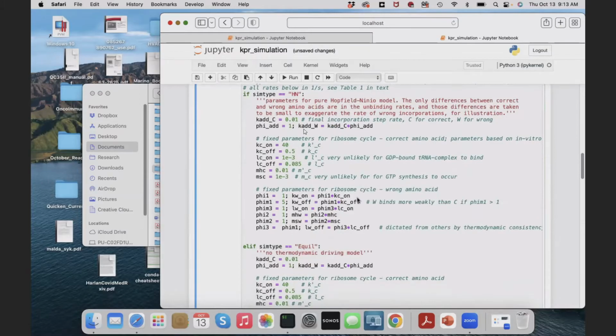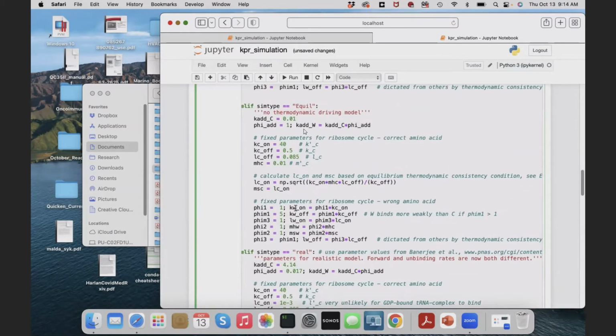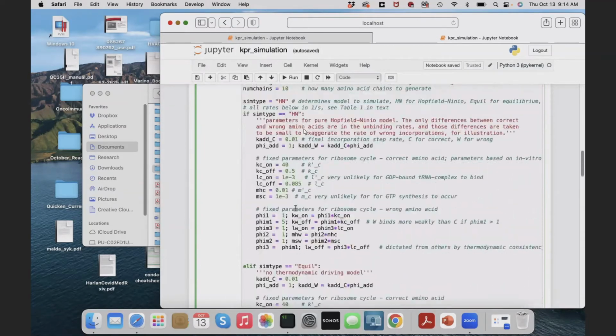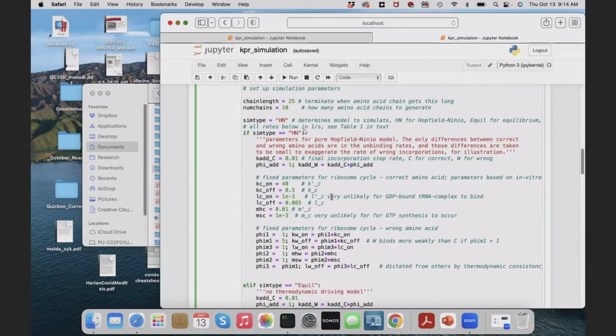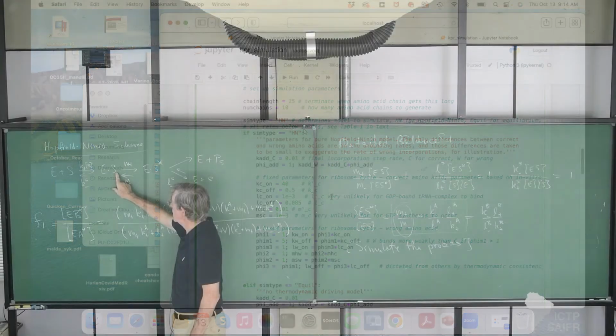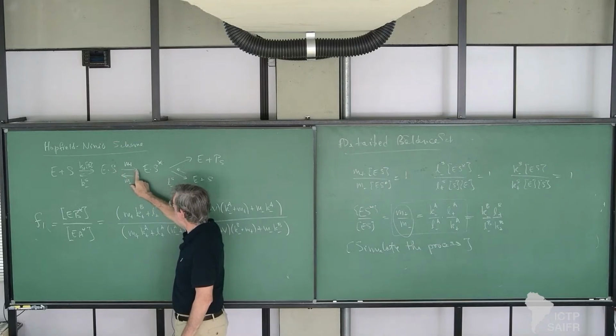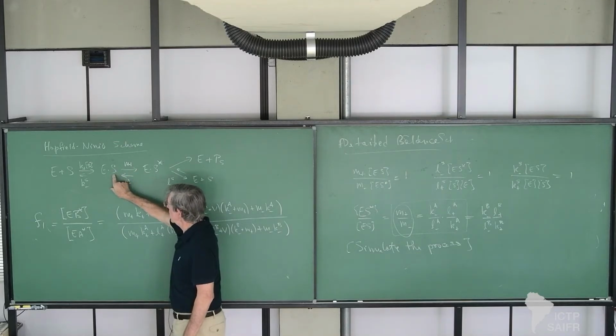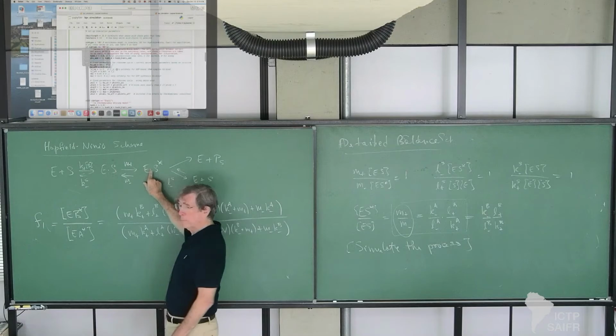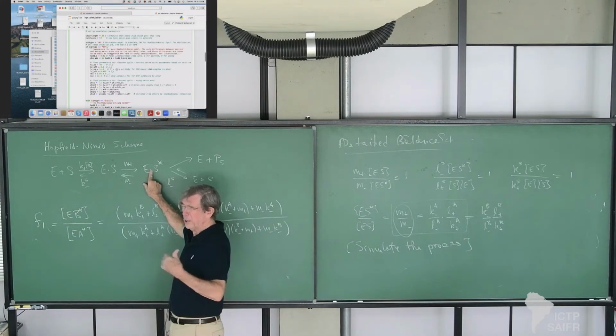Initialize. Now, okay, let's see. Okay, so he sets things up in such a way that you have different options for initializing. You can set it up as a Hopfield-Ninio thing, the situation that we talked about at the very beginning, where basically the transition from bound enzyme to excited bound enzyme is essentially out of equilibrium.